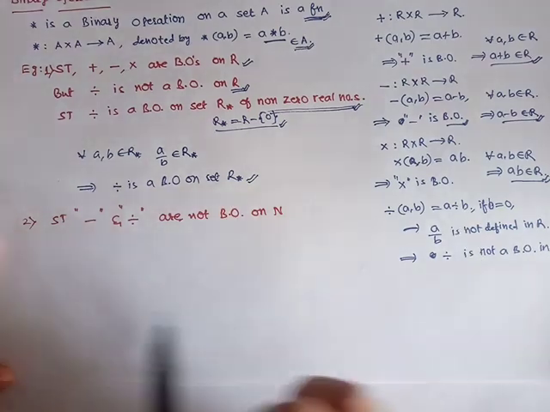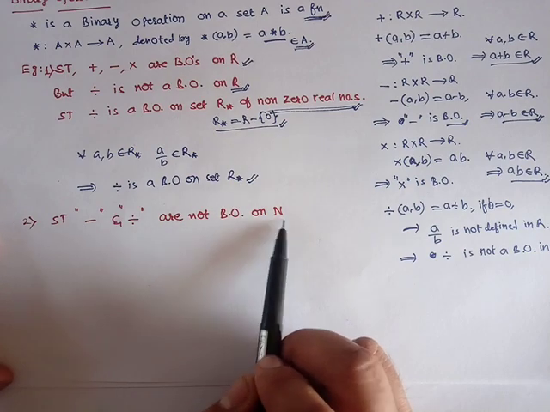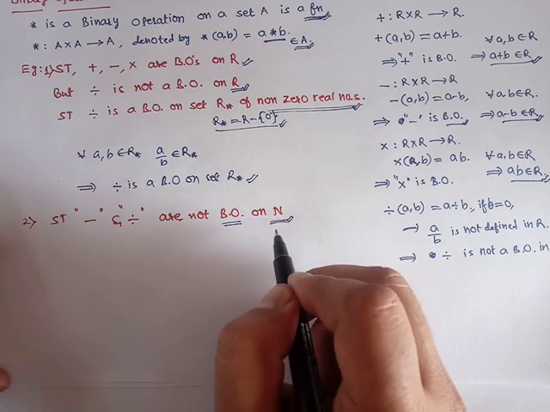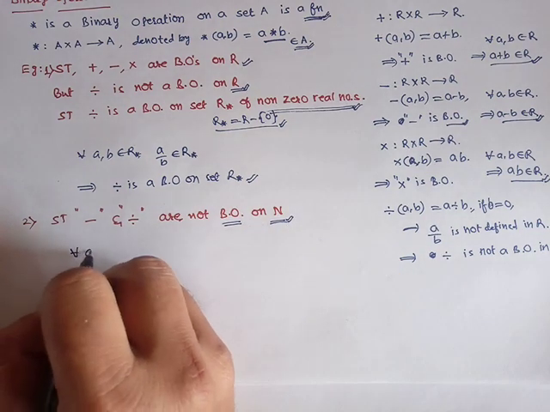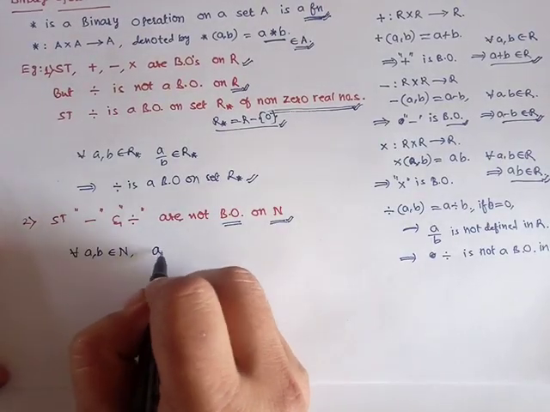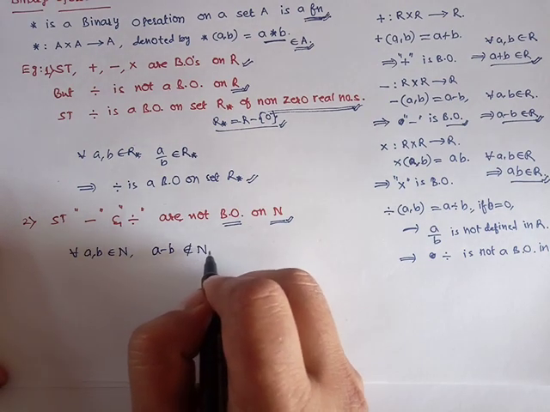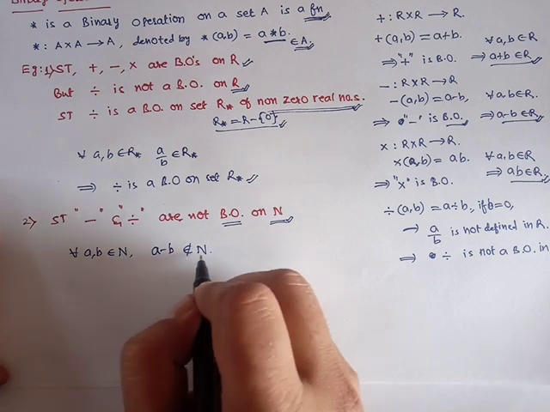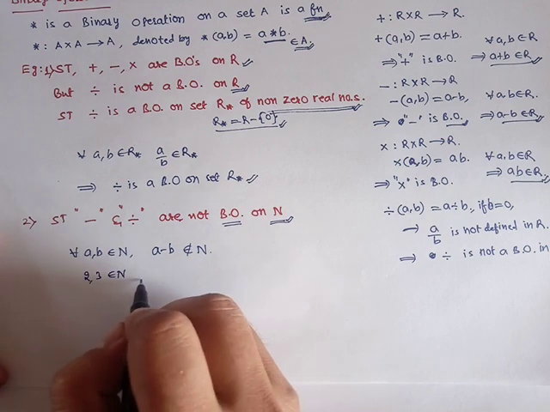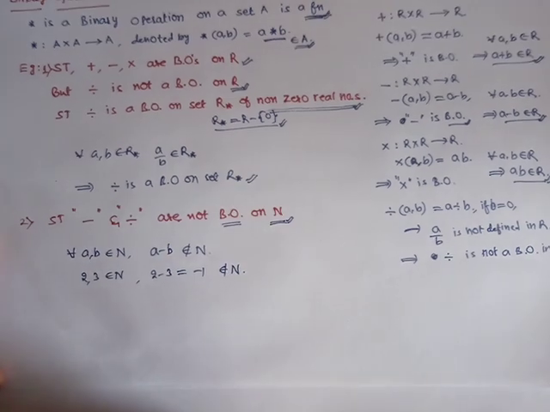We'll see the next question here. Show that subtraction and division are not binary operations on N, the natural numbers. For all a comma b belongs to natural numbers, what about a minus b? A minus b cannot always be said to belong to N. Like 2 comma 3 belongs to natural numbers, then 2 minus 3 is equal to minus 1, which does not belong to natural numbers.